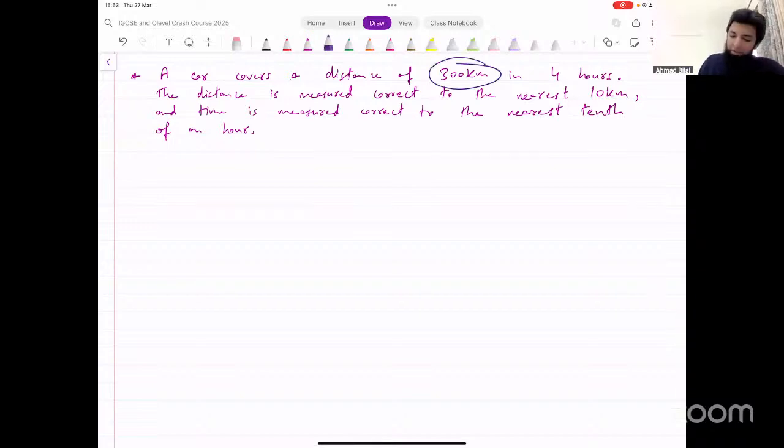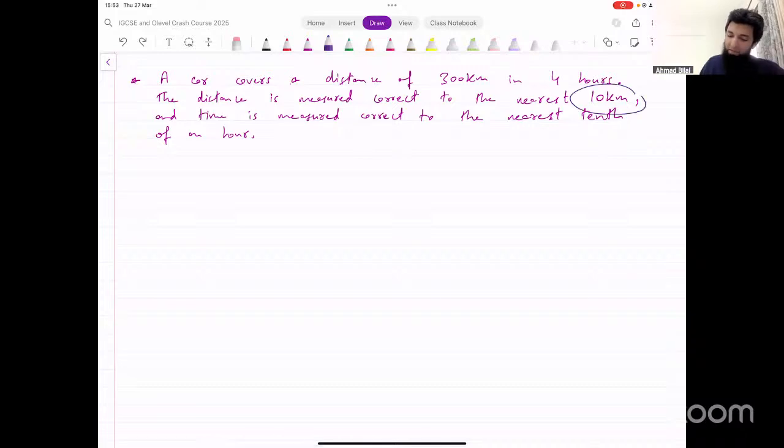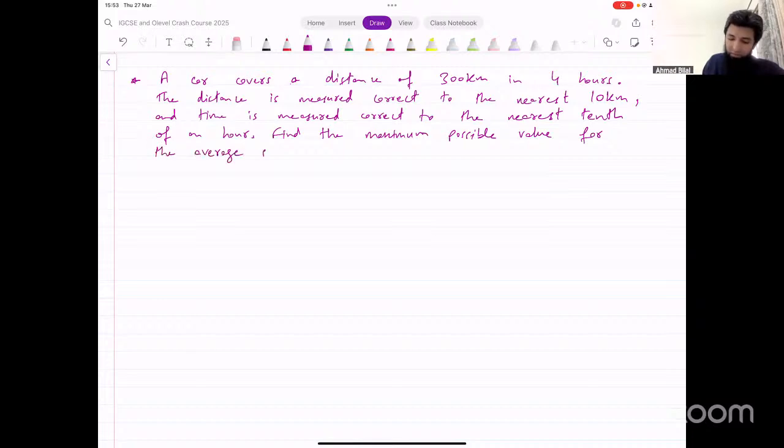We've got the distance value, that's 300 kilometers, and we have the time value, that's 4 hours. What we need to do is find the maximum possible value for the average speed of the car.